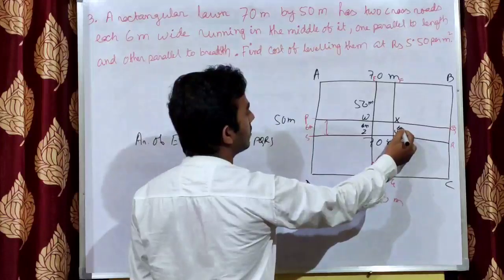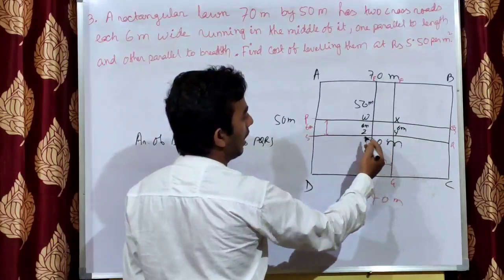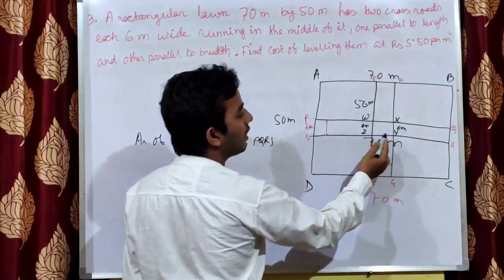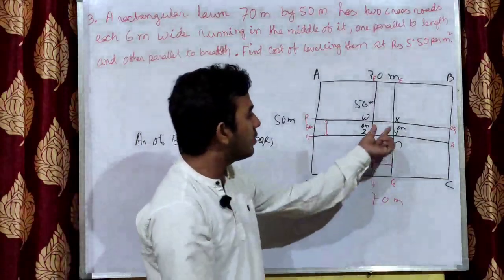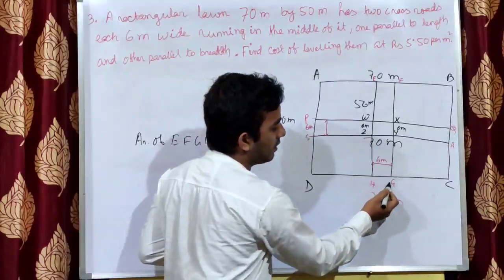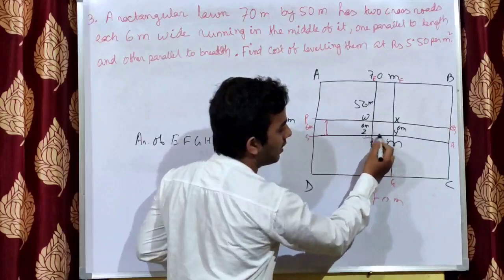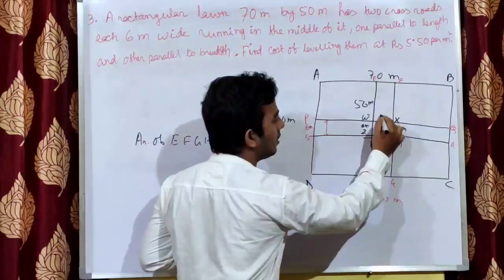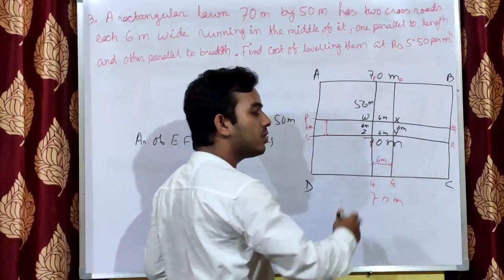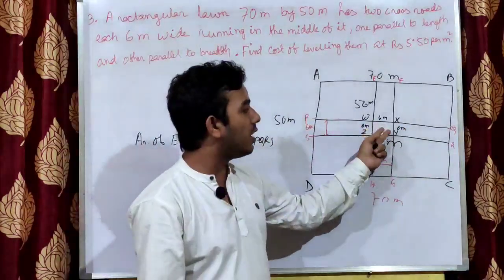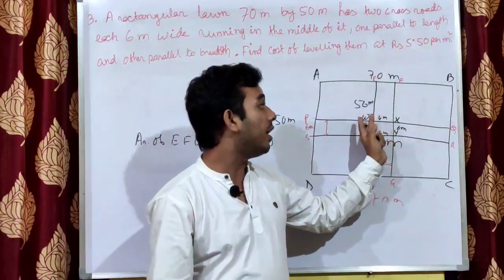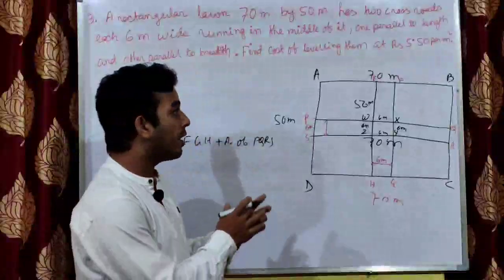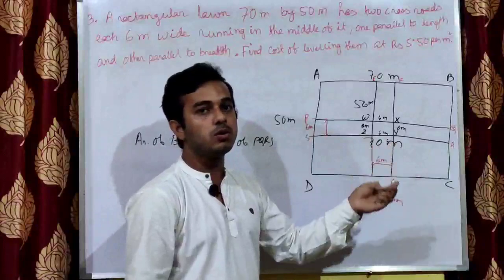This will also be 6 meter. And the length of ZY will be the width of this road, that is GH, so it is also 6 meter. This side is also 6 meter. That means it is a square, right? So we have to subtract the area of square WXYZ from the area of both the roads.